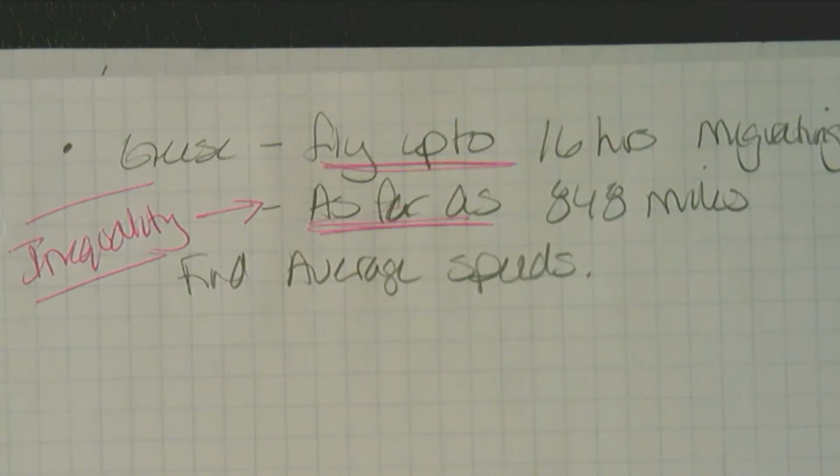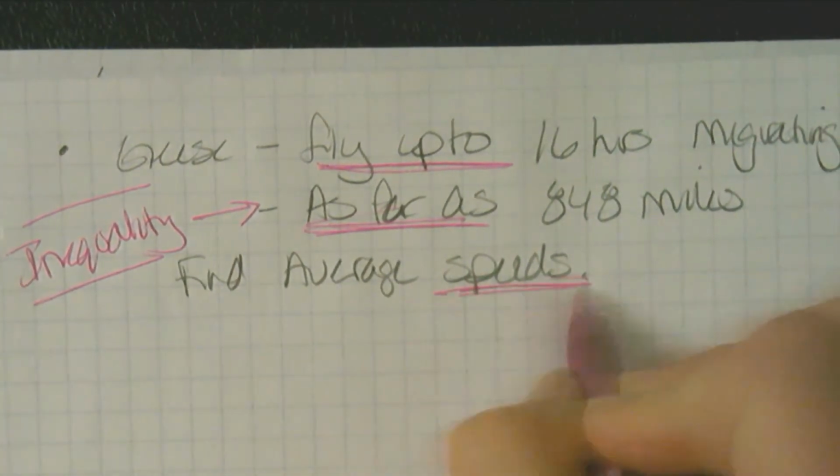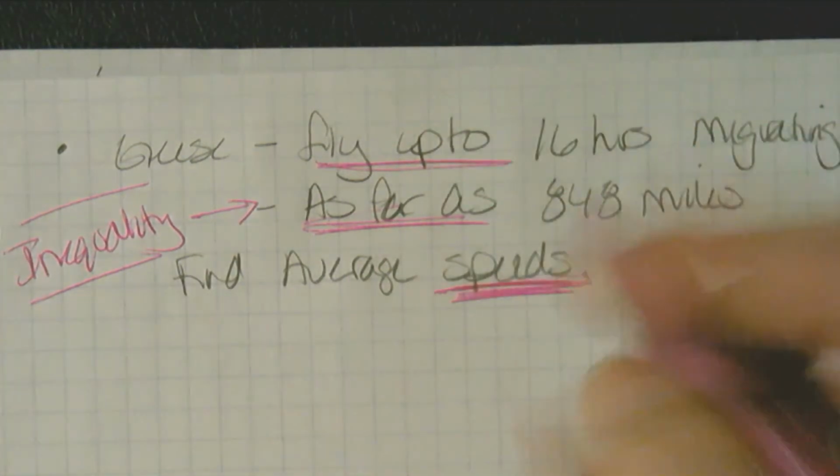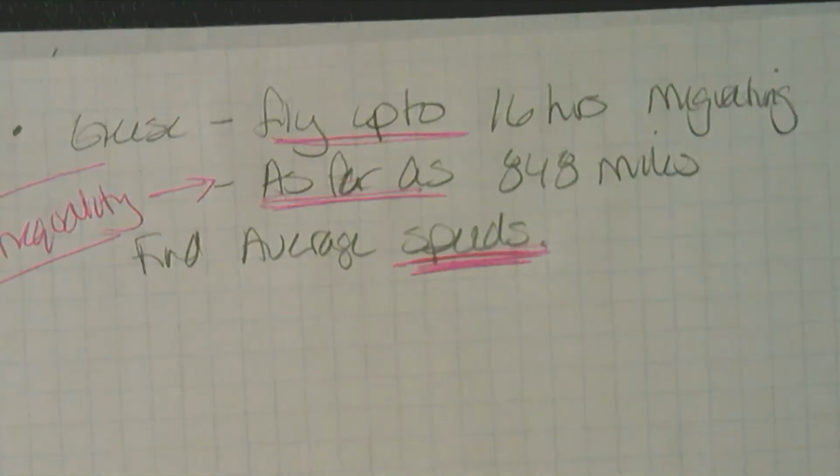Not average. Average. Is it speed or speeds? Yeah. There's more than one possibility. If they said average speed, and they just said they fly 16 hours, they fly 848 miles, that's an equation. But all of these individual things, that also indicates an inequality.